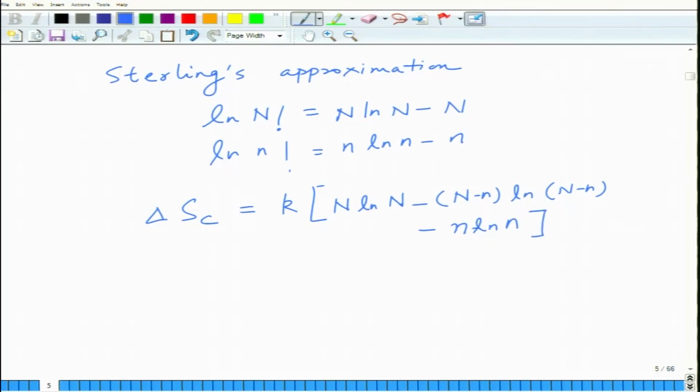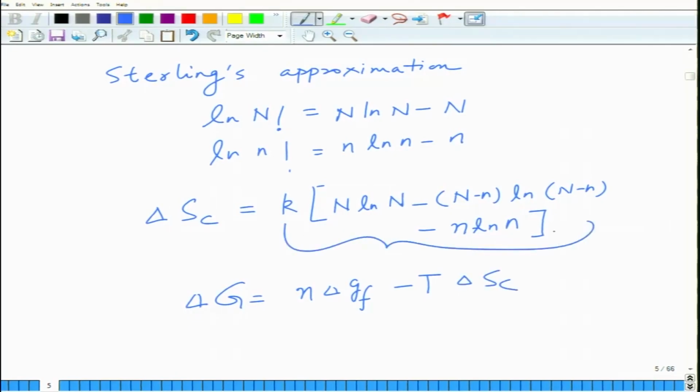This is what you will get after you apply this approximation, and then you substitute it in delta G. Delta G will be equal to n delta Gf minus T delta SC.